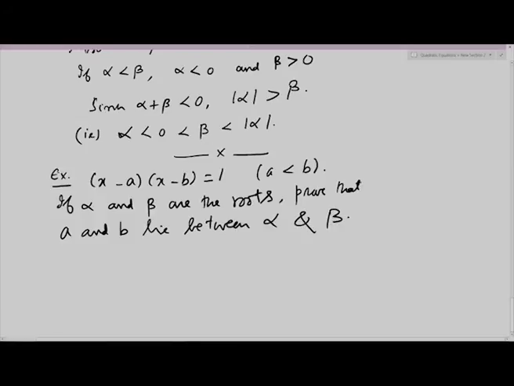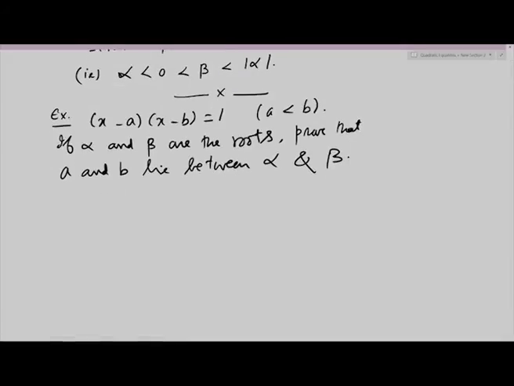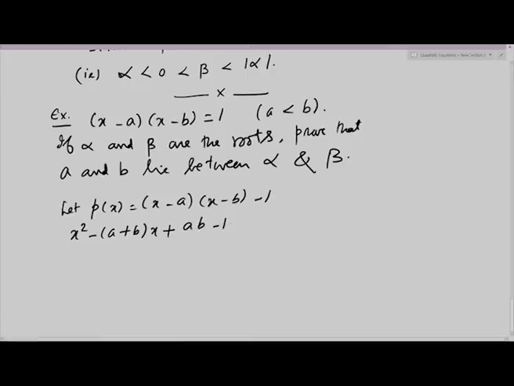How do we proceed? Now look at this given equation. Let P of x be the given quadratic expression. Let P of x be equal to (x − a)(x − b) − 1. And if I simplify this right hand side, it is simply x square minus (a plus b)x plus ab minus 1.